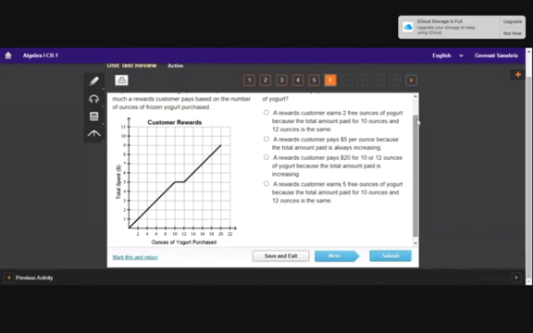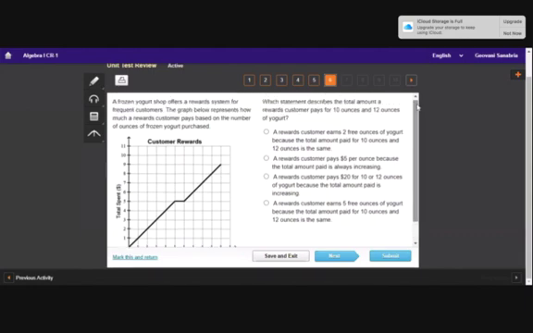When we read that first answer, a rewards customer earns 2 free ounces of yogurt because the total amount paid for 10 ounces and 12 ounces is the same, that means if they buy 10 ounces, they get 2 more ounces for free.